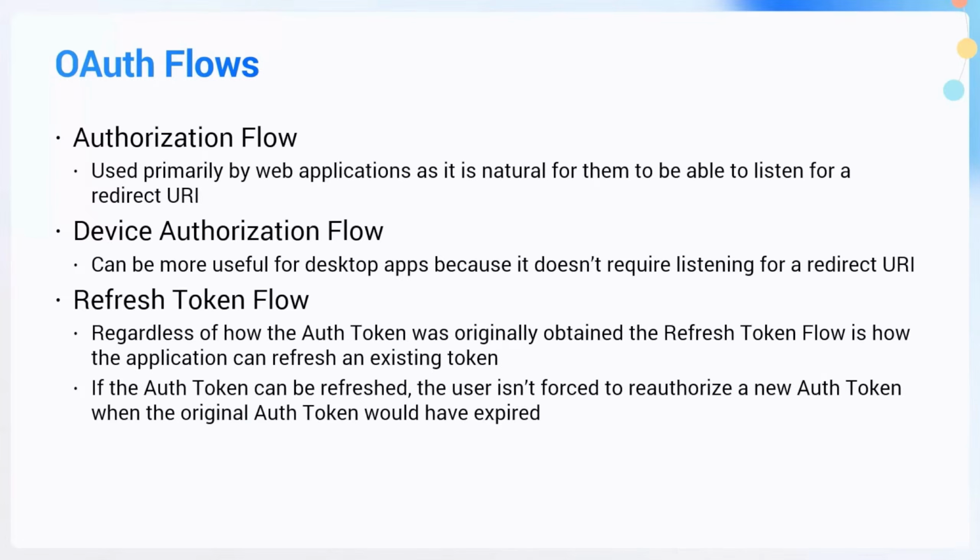It's a much more direct means of us to get the token. And then, as I mentioned, the refresh token flow is actually important, not for the original authorization, but for refreshing the token so the user doesn't have to constantly re-grant access to the client.